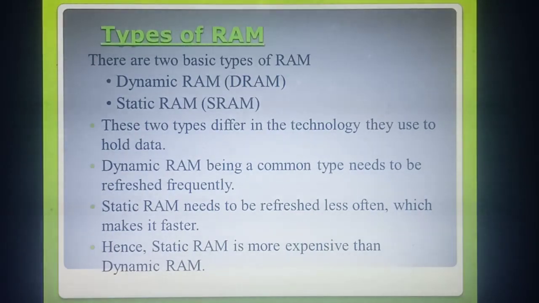If you are using dynamic RAM in the system, you need to refresh it frequently, for example every 10 or 15 minutes. Compared to dynamic RAM, static RAM you need not refresh often. Compared to dynamic RAM, static RAM performance is much faster, but the cost of static RAM is higher than dynamic RAM.